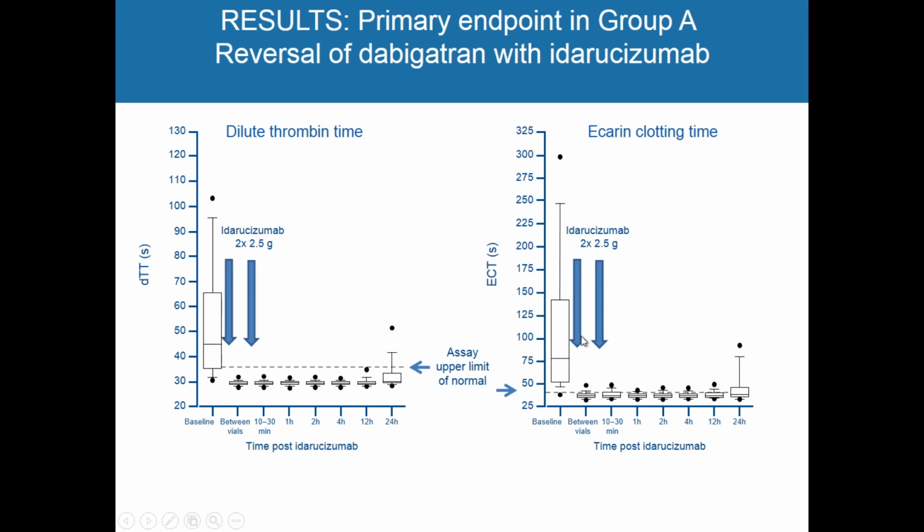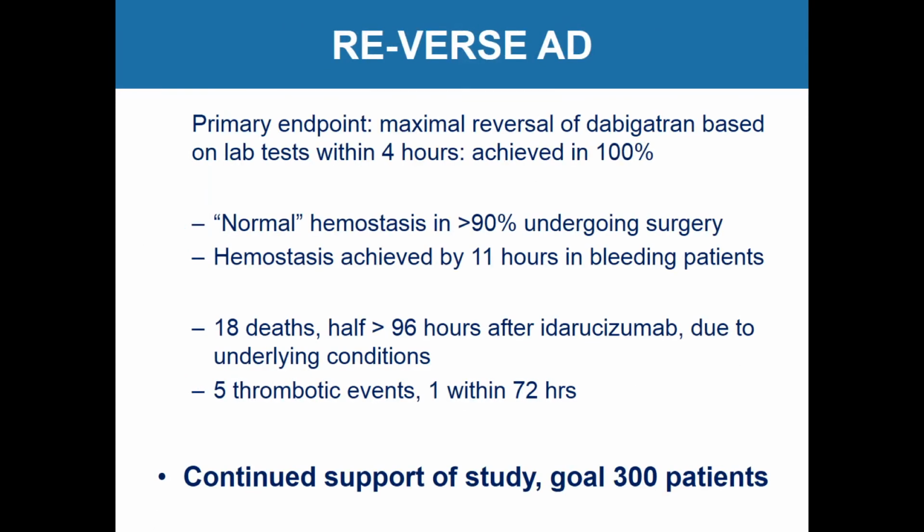And in all of the patients after administration of idarucizumab, you have the ecarin clotting time reverting to the normal range. The primary endpoint, again, maximal reversal of dabigatran based on lab tests within 4 hours of administration, was achieved in 100% of the patients who were studied in the REVERSE-AD study.